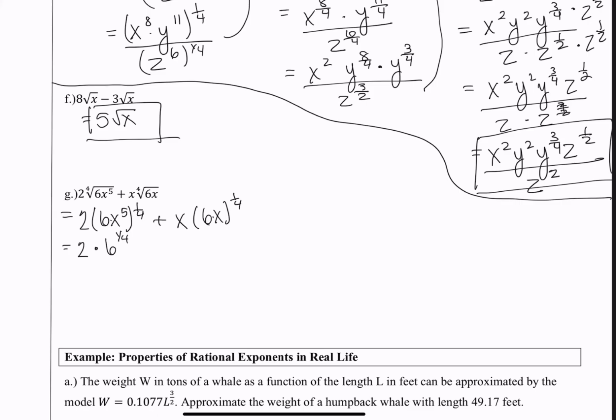And now x to the 5th raised to the 1/4 power, hopefully you know, is x to the 5/4 power. Plus, my second term now has x, which is also not being raised to the 1/4 power, times a 6 being raised to the 1/4 power, and an x being raised to the 1/4 power.